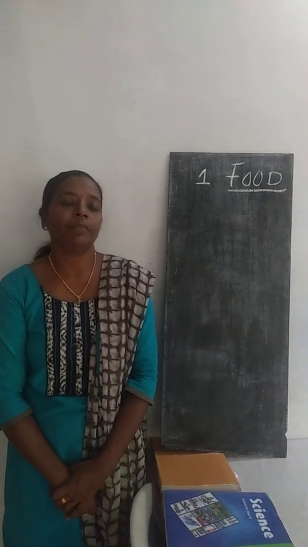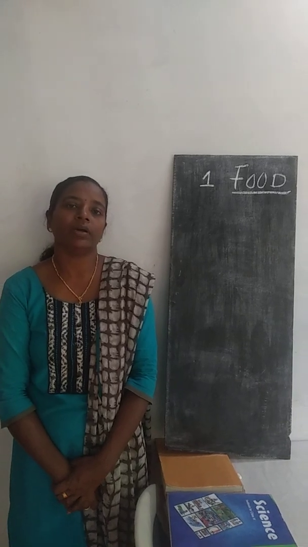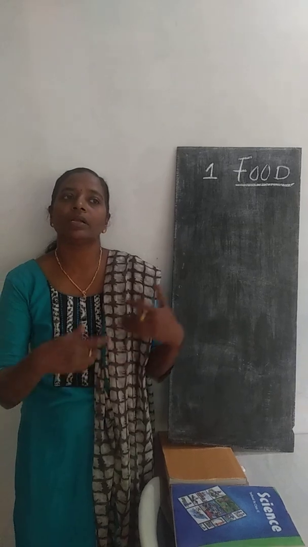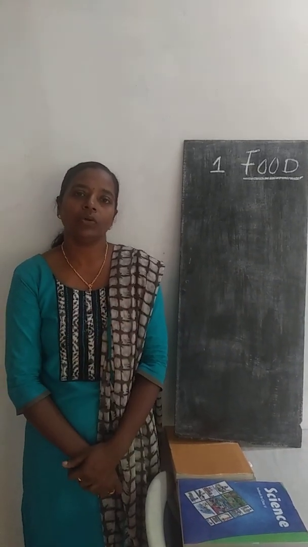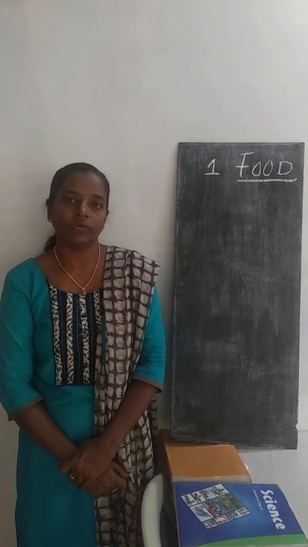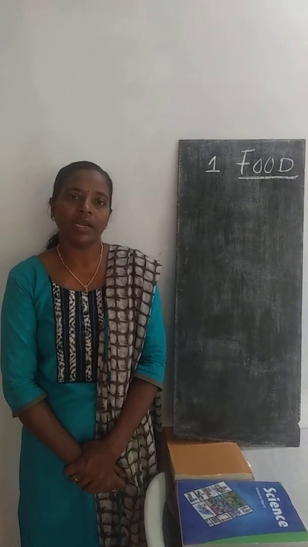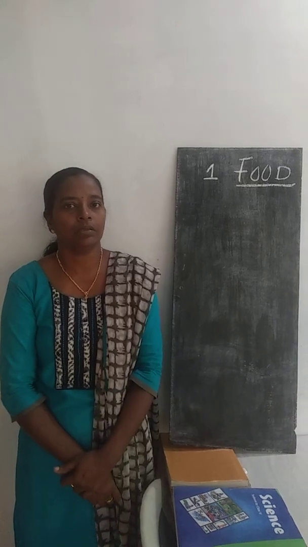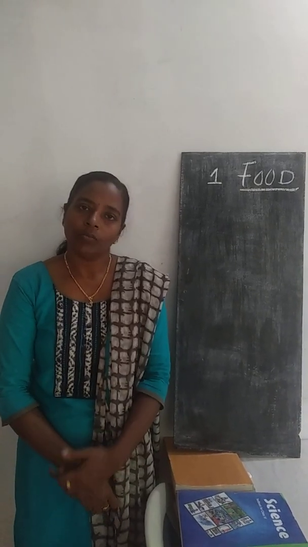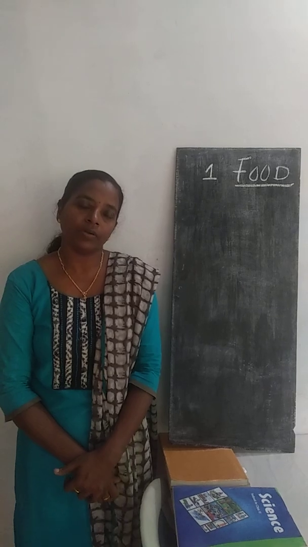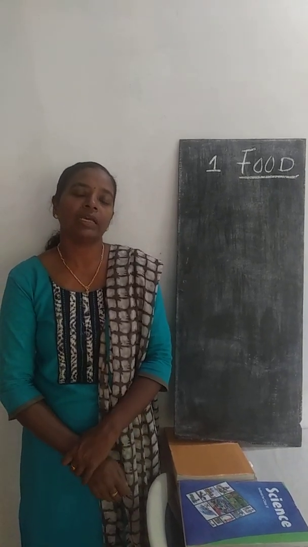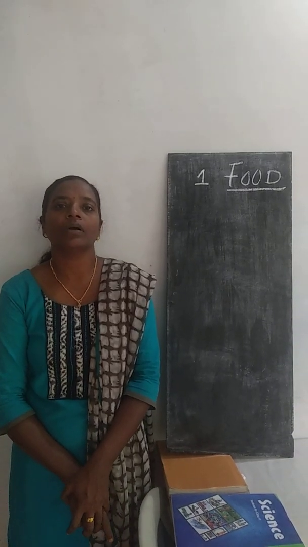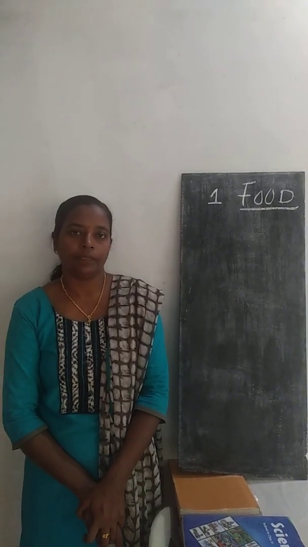And at night we have different food items, either chapati, or rice with curries. So in a day, minimum we are eating food 4 times. Our body requires a variety of food, and different types of food give different components. All these components are needed for the proper growth of our body.